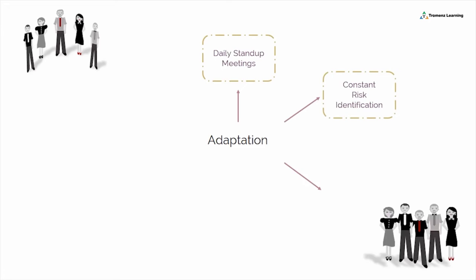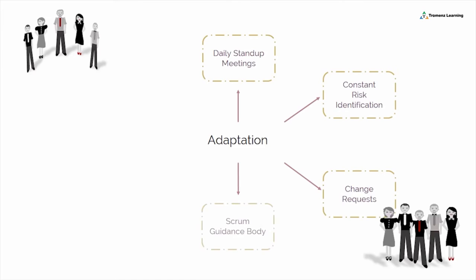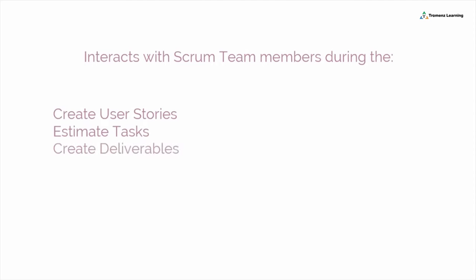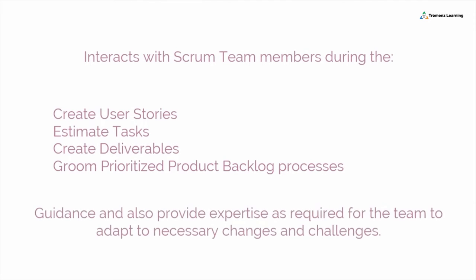Improvements can also result in change requests, which are discussed and approved during the Develop Epics and Create Prioritized Product Backlog processes. The Scrum Guidance Body interacts with Scrum team members during the Create User Stories, Estimate Tasks, and Create Deliverables processes to offer guidance and also provide expertise as required for the team to adapt to necessary changes and challenges.